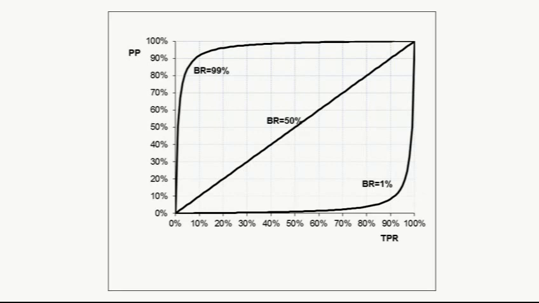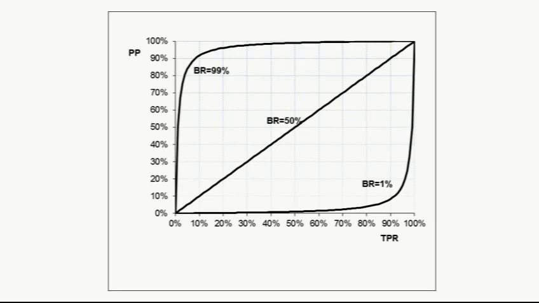And if the base rate is higher than 50%, the relationship becomes concave, and increasingly so as the base rate tends to 1. Here we have drawn the lines with BR equals 1% and 99%.